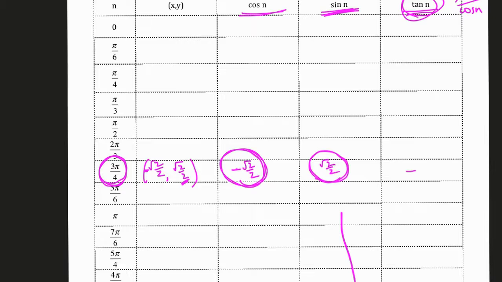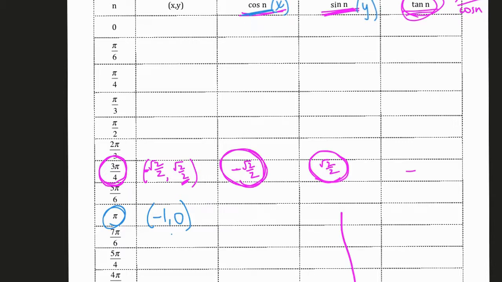Okay, let's try another one. Let's say we had pi. Let's take a look at pi, and I'll switch colors. Okay, so pi, and again, I'm hoping you have your unit circle open, is at the far left-hand side. Its coordinate is -1, 0. All right, now just a reminder, cosine is the x coordinate and sine is the y coordinate.